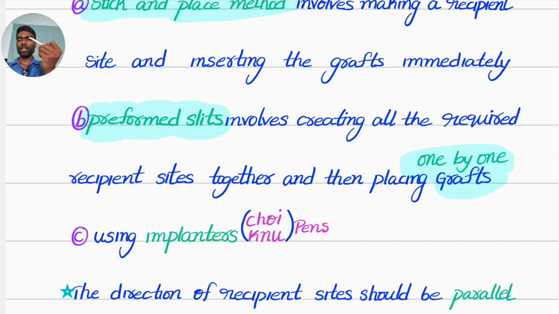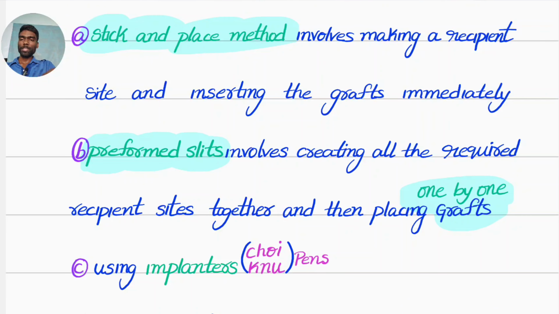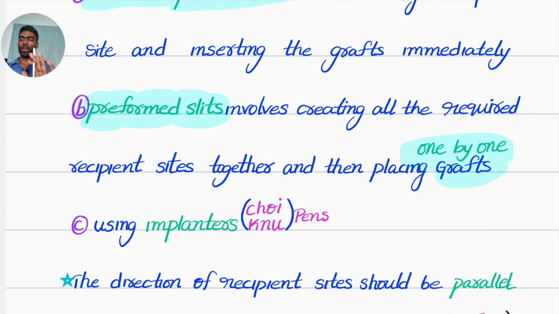Then we will take grafts one by one and insert into the preformed slits. Whereas in stick and place method, one recipient site, one follicular unit, then another recipient site, another follicular unit. Here, all the recipient sites are preformedly prepared.